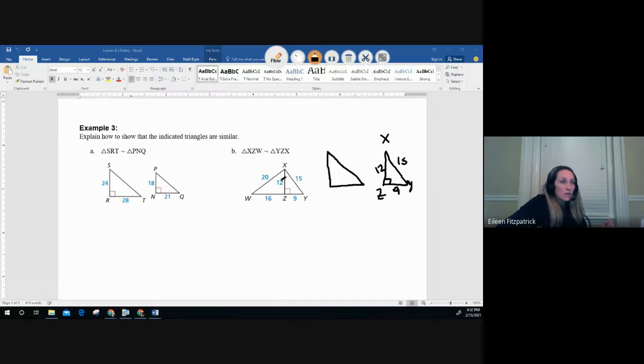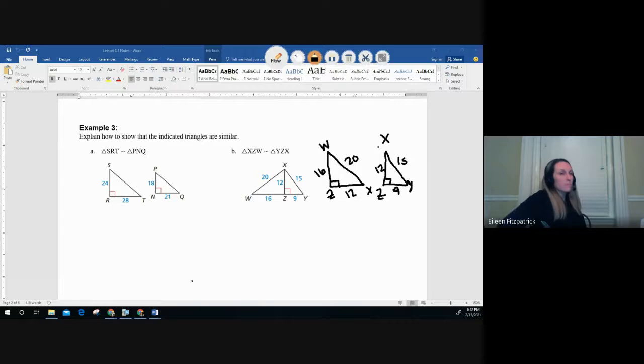All right, so let's see. Y, Z, X. So it's going to be X, Z, W. Right angle here. All right, so WZ, how long is WZ? 16. And WX is 20. And then 12.